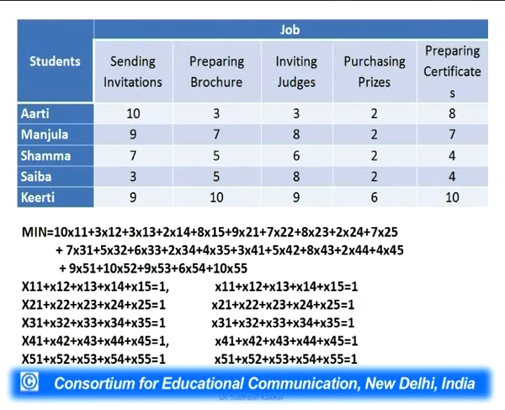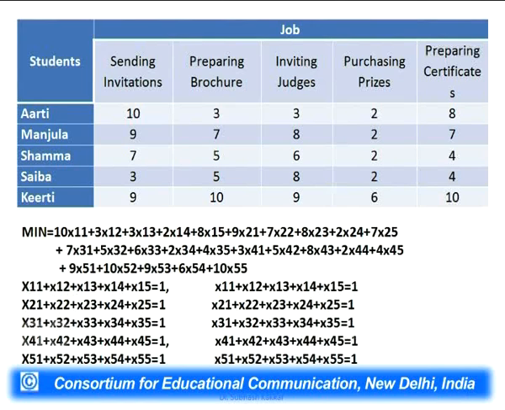For inviting judges, the time required by each student is mentioned: 3, 8, 6, 8, 9, etc. hours. And similarly, this table is complete, giving the number of hours each student will take in completing a specific job. Now, our problem is we have to assign these jobs one to each student so that the total time taken is the minimum.